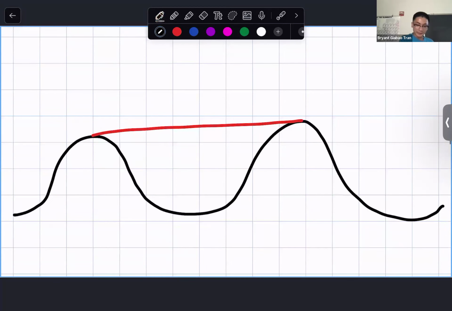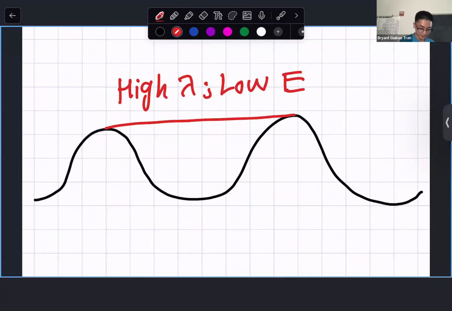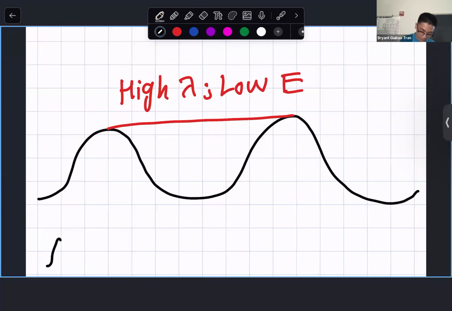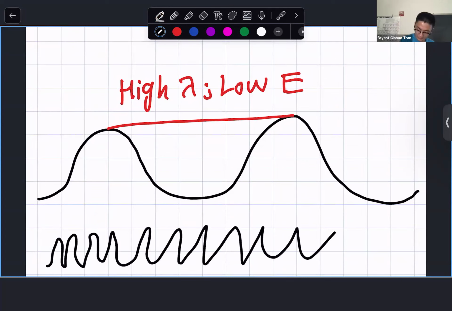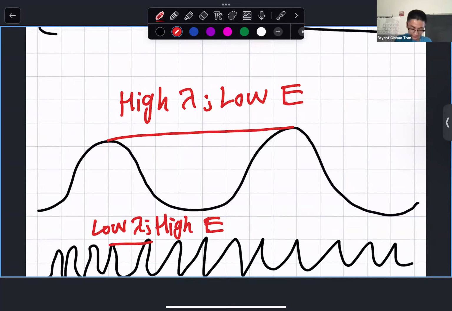That is low energy. So if you have a high wavelength, you have a low energy. But if your wavelength is very short, low wavelength, high energy. So they are inversely related as well.